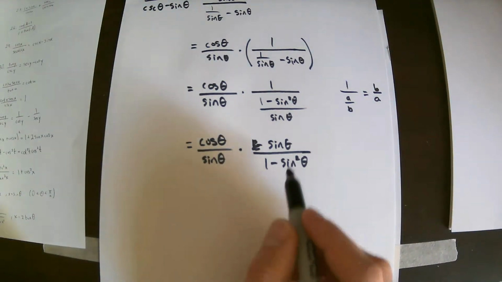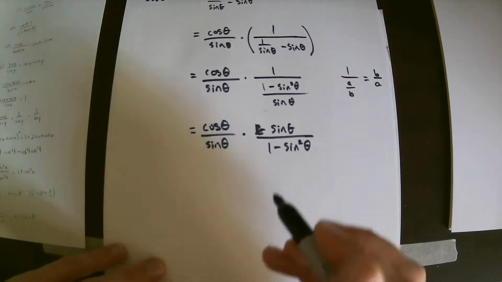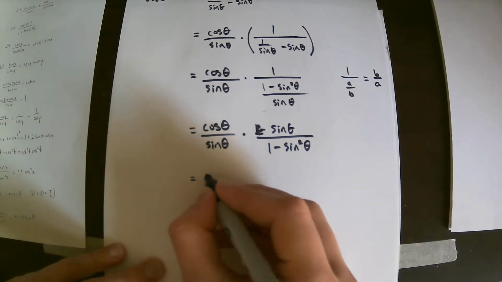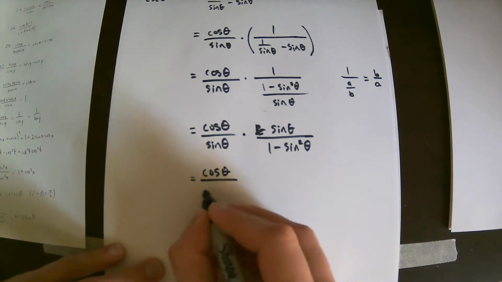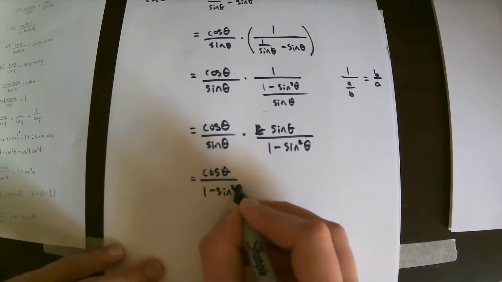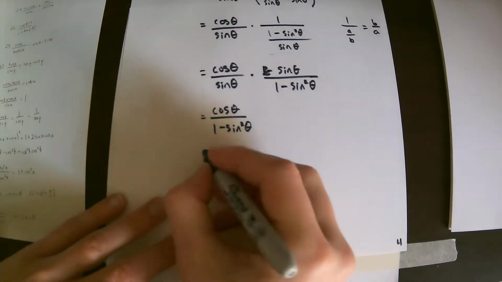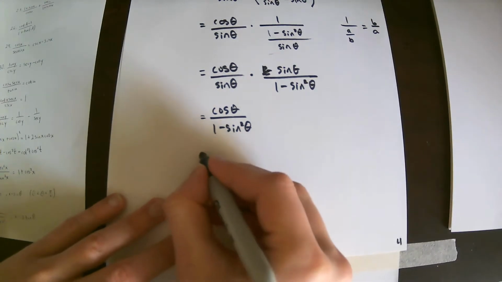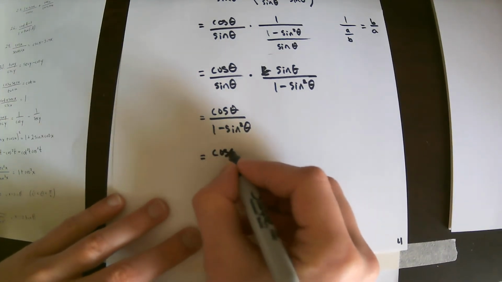So that's all I've done here. Now I'm going to end up with cosine theta over 1 minus sine squared theta. And 1 minus sine squared theta is the same as cosine squared theta by the Pythagorean identity.